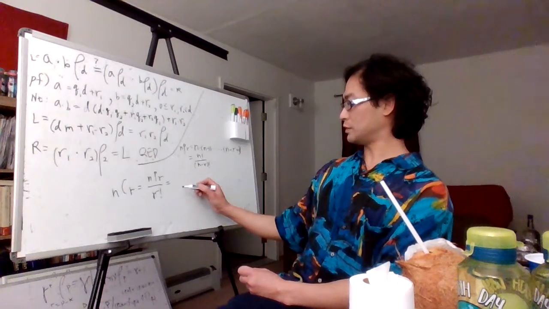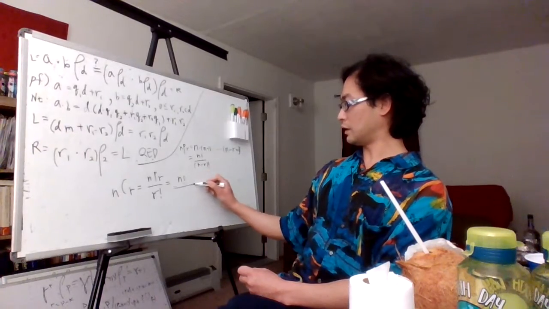So this whole thing becomes n factorial divided by r factorial times n minus r factorial.